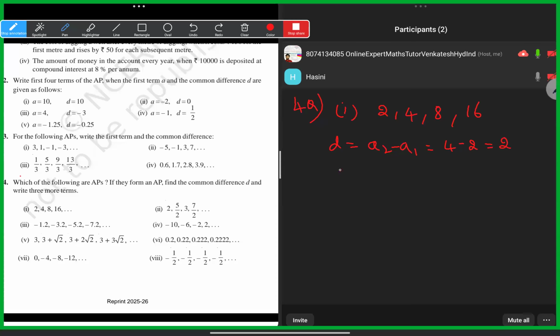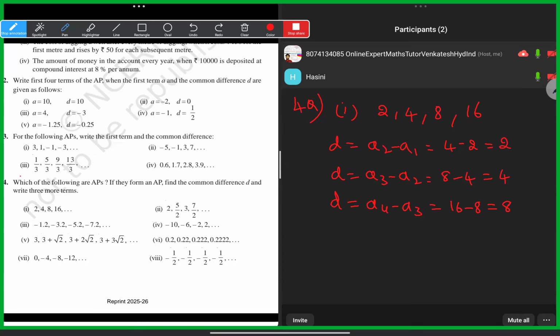So now again D I'm checking, A3 minus A2, which is 8 minus 4, which is 4. And D again I am finding out now, A4 minus A3 also, which is 16 minus 8, which is 8.